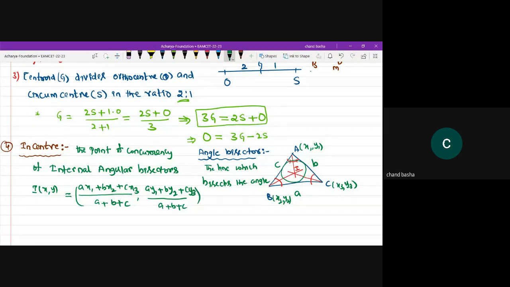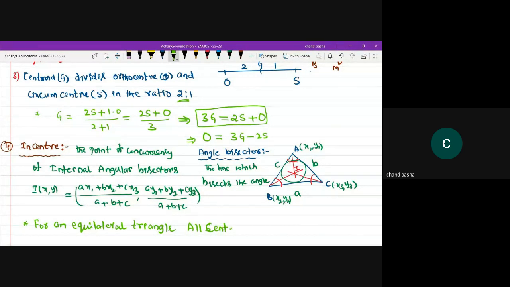And one point to be noted here, for an equilateral triangle, this is one of the most important concepts: all centers are the same.